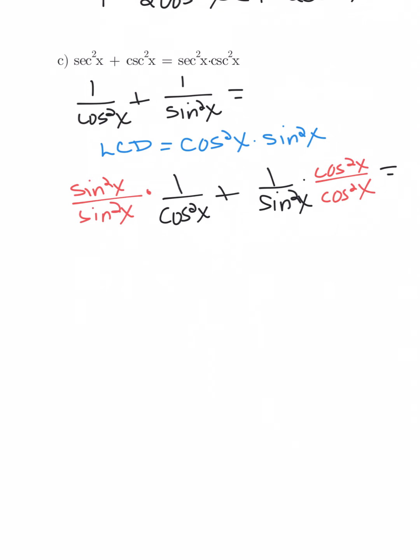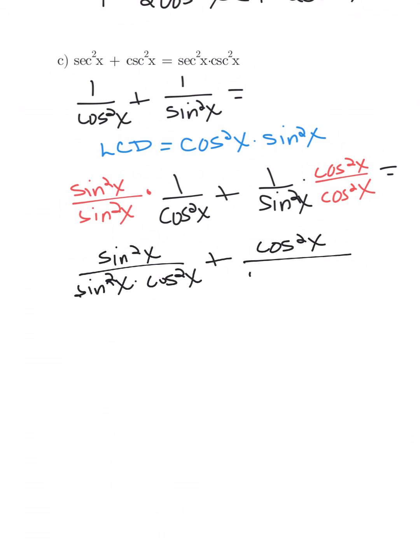Sine squared of x times 1 gives me sine squared of x over, multiplying the bottom, you'll get sine squared x times cosine squared x plus, on the second fraction, 1 times cosine squared gives you cosine squared x over, the denominator is sine squared x cosine squared x.